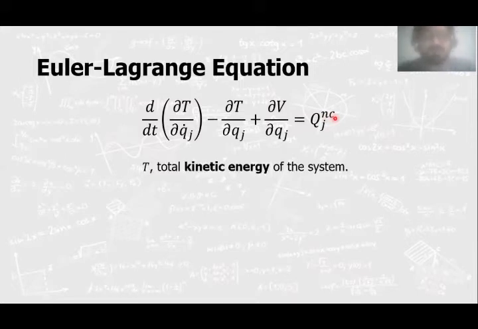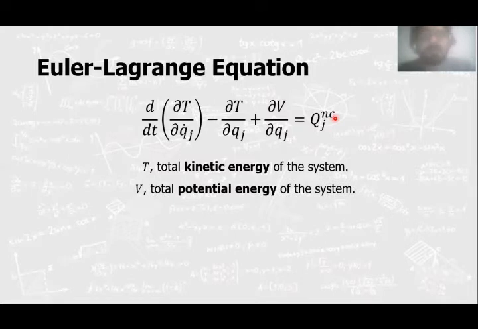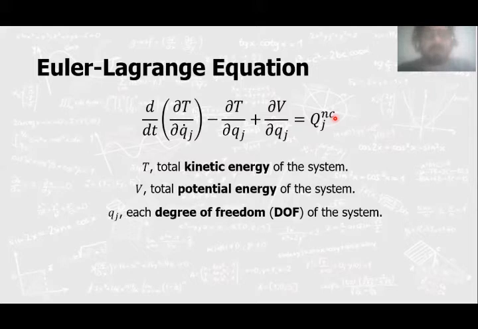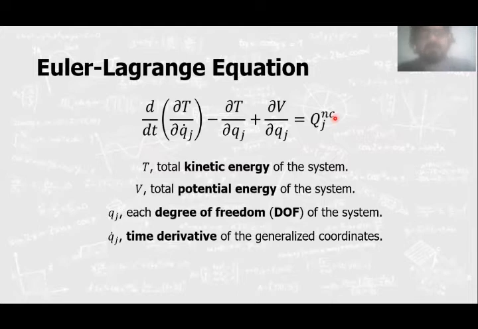Each term has a meaning. T represents the total kinetic energy of the system. V represents the total potential energy of the system. q represents the position, in this case the degree of freedom or DOF of the system. q dot is the time derivative of the generalized coordinates.